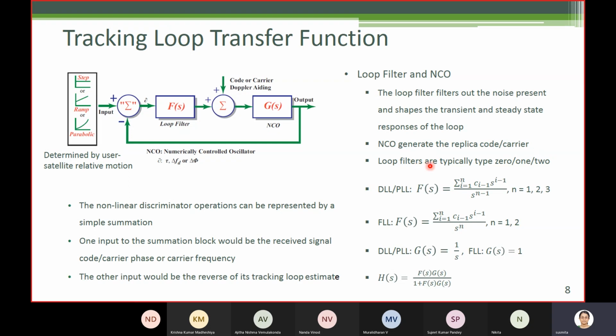Loop filters are typically type 0, 1 or 2, depending on which parameter you are talking about, code phase or Doppler or carrier phase. So for DLL or PLL, this is the form of the transfer function. For code phase tracking and carrier phase tracking, this type of transfer function we use for the loop filter.